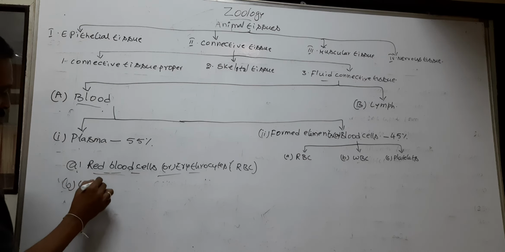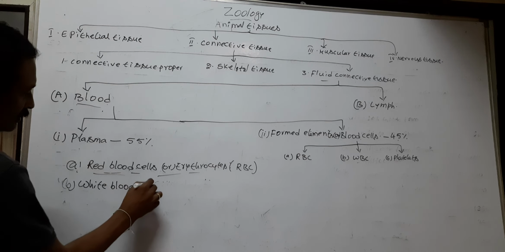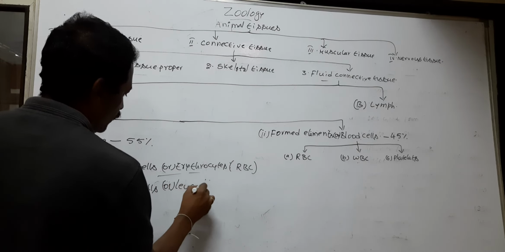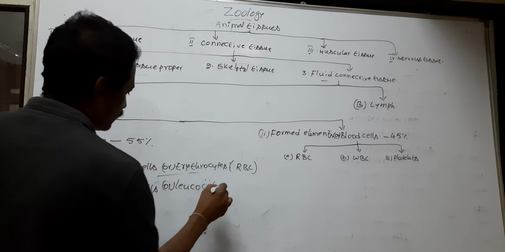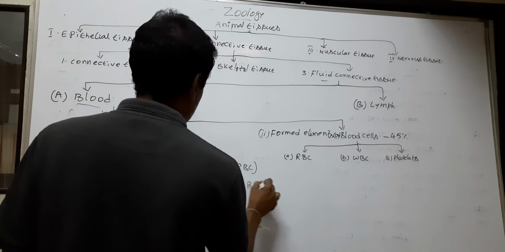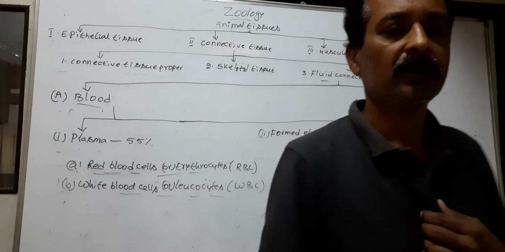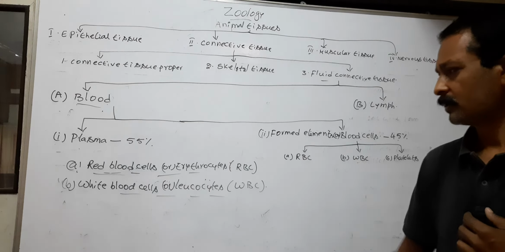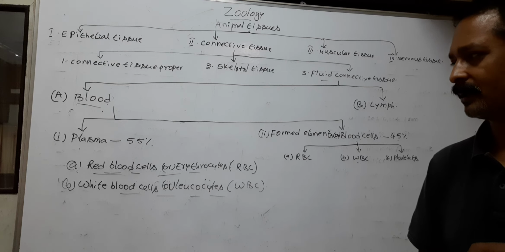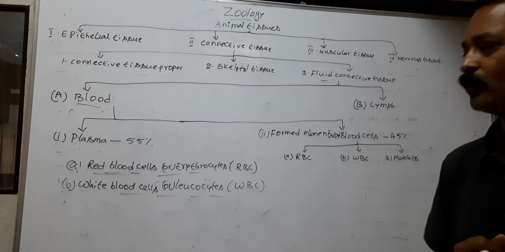white blood cells or leukocytes. So WBC appears white in color due to absence of hemoglobin.